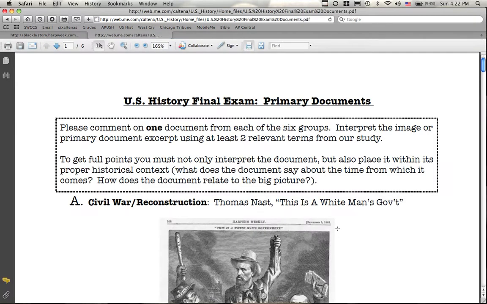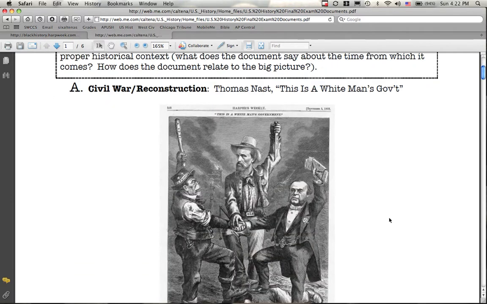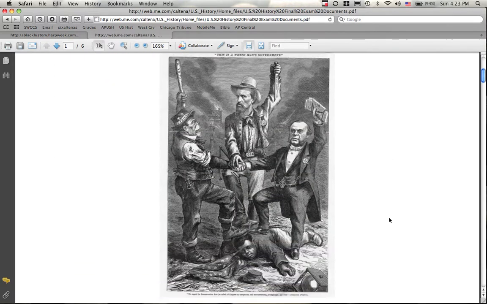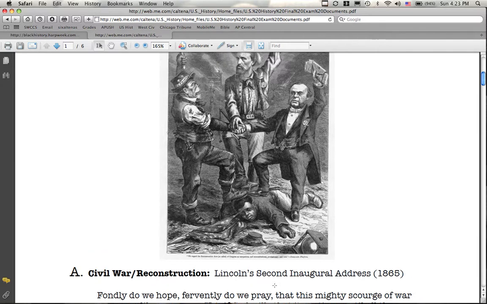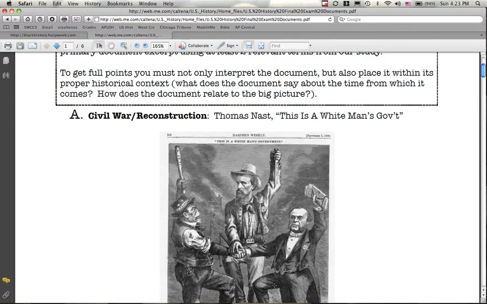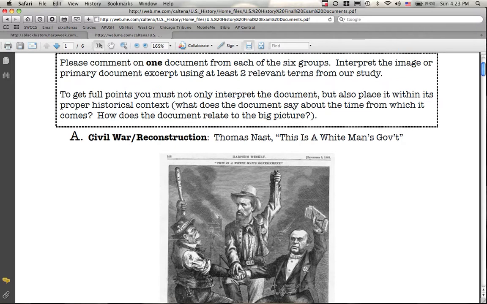Basically, for these documents, you choose one from each grouping. So for letter A, Civil War and Reconstruction, you have one choice between this picture here and this document here from Lincoln. For each one, you do two things.